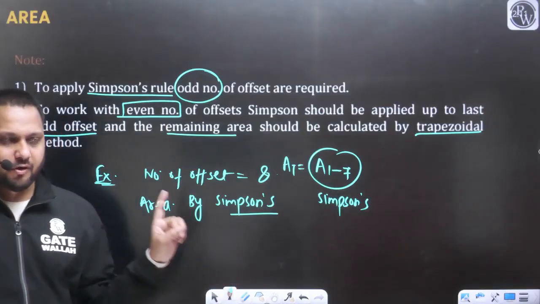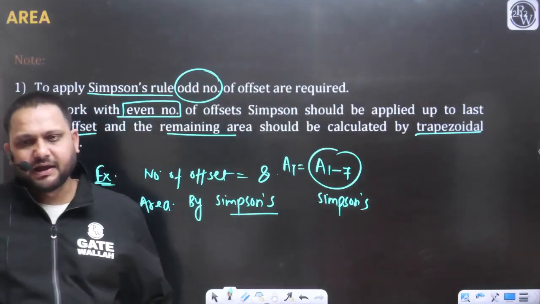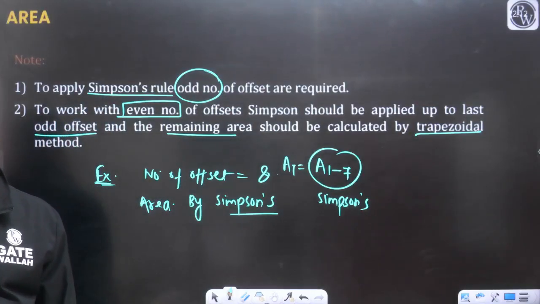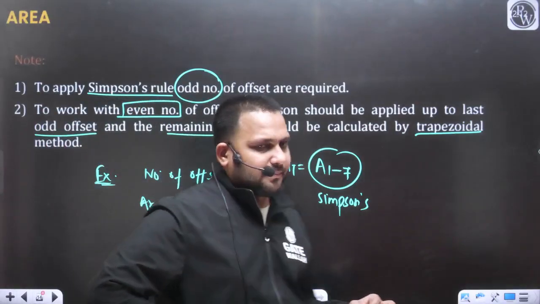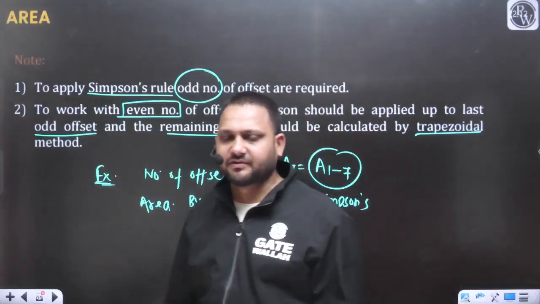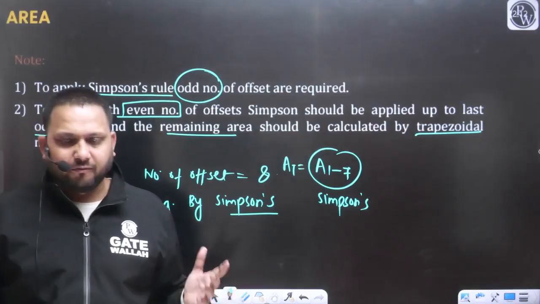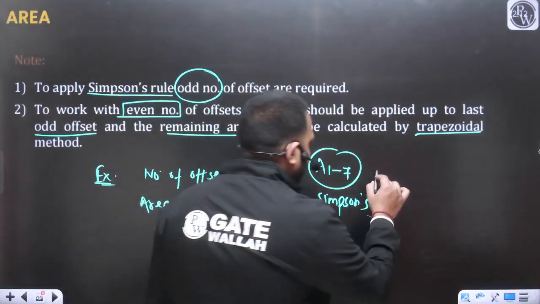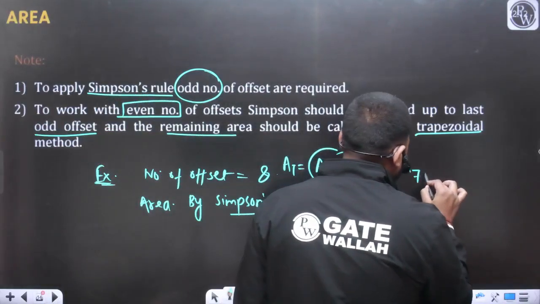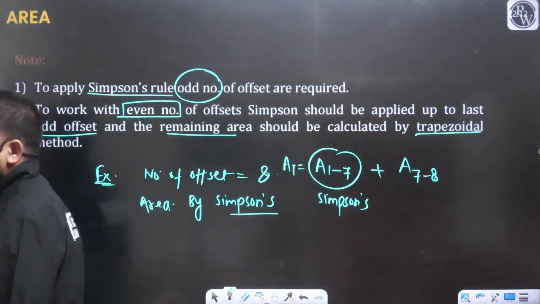This area from offset 1 to offset 7 we can calculate with Simpson's method, because 7 is an odd number, and for an odd number of offsets we can apply Simpson's method. So what is the remaining area? The remaining area will be from offset 7 to offset 8. Yes or no? That is going to be the remaining area.